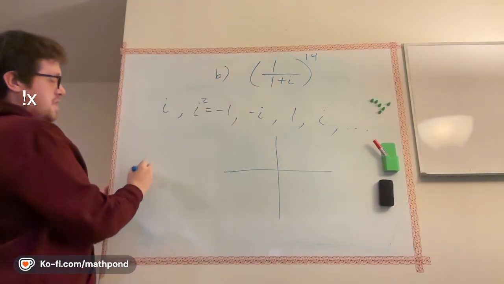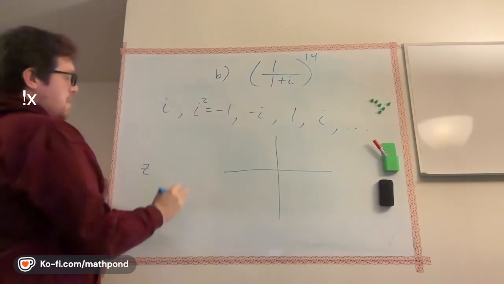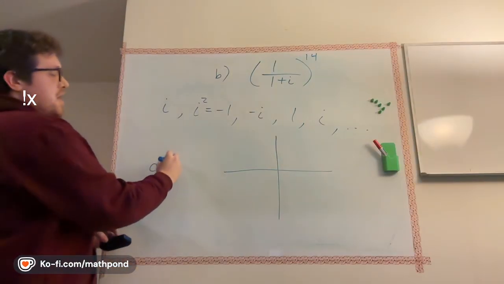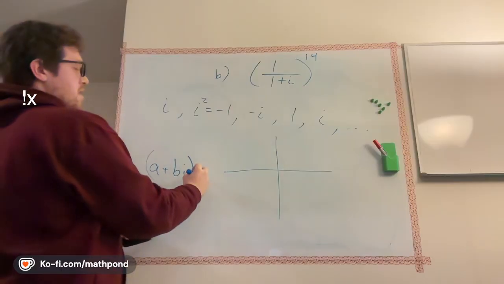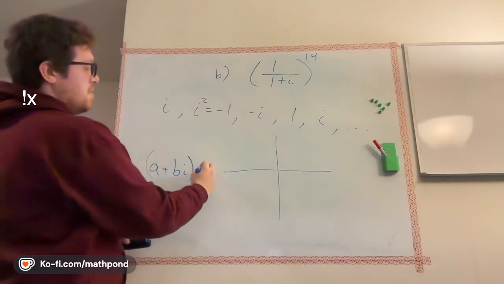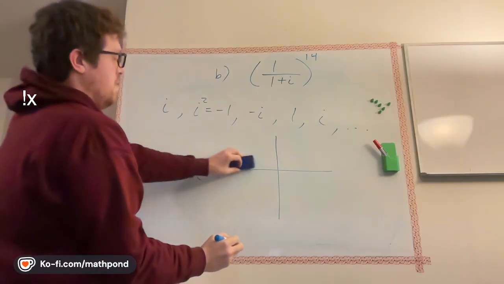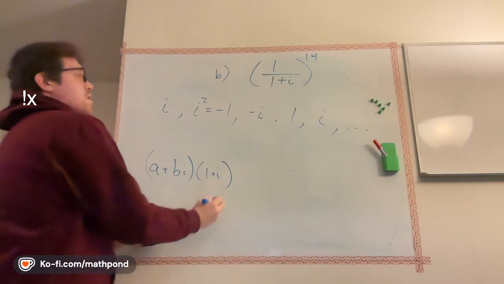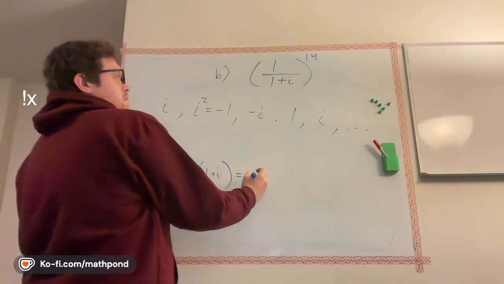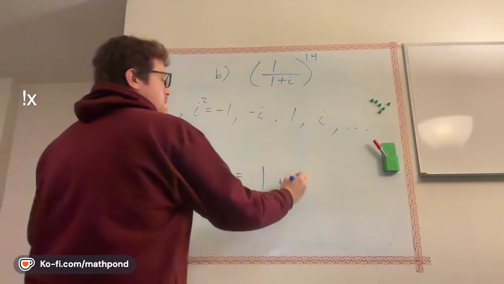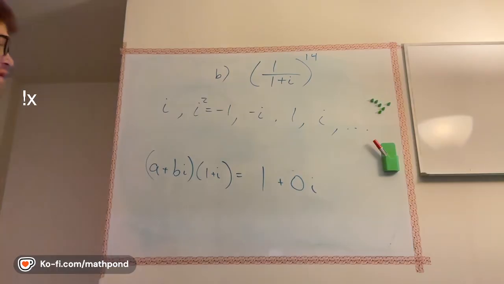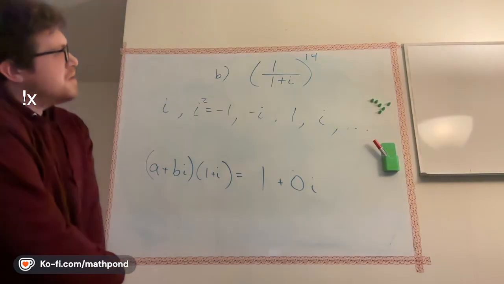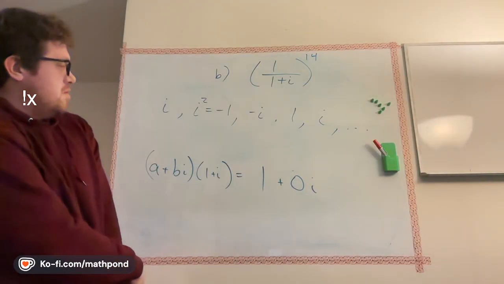So it's like z, or maybe we can think of it as a plus bi, times 1 plus i, is equal to 1 plus 0i. So you could think of it that way. I'm sure there's probably an easier way to do this, but this is one way.